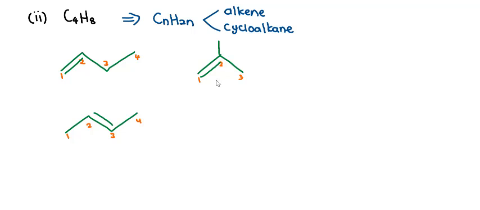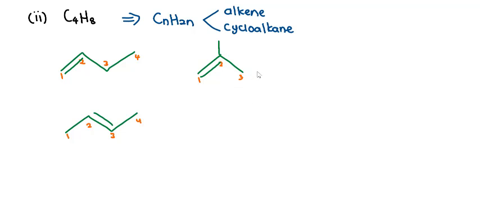But for this other structure, if I change the double bond here or here, it's still the first and second carbon, because it is symmetrical. So there is no positional isomer for this structure.